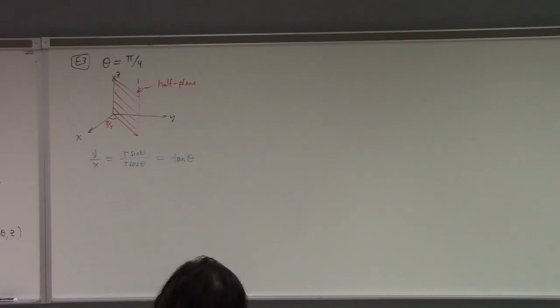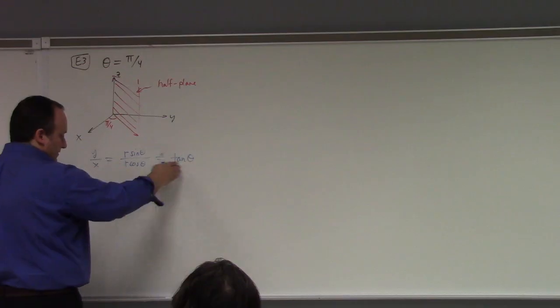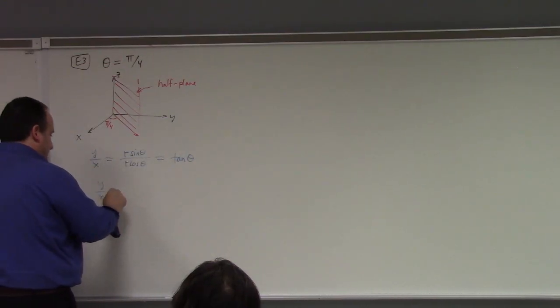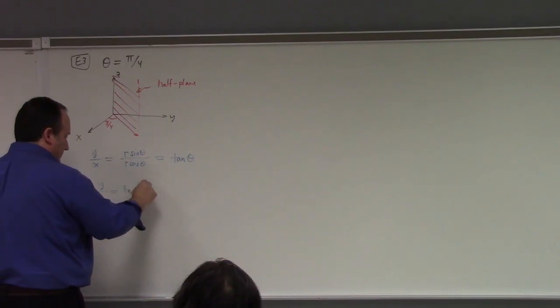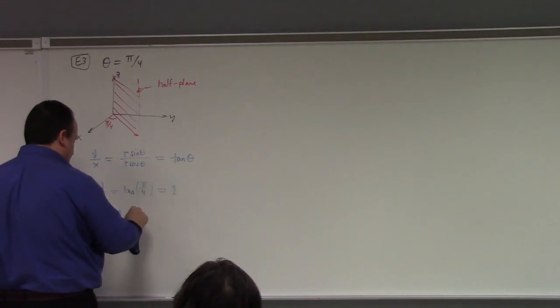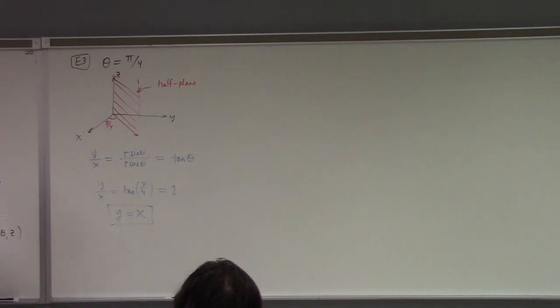There's two places where tangent theta fails, where there's division by 0 for cosine, namely plus or minus pi over 2. Those are out of bounds. But setting those cases aside, this will do it for us. What's tangent pi over 4? It's 1, right? So the equation here is y equals x. That's the equation of the half plane.